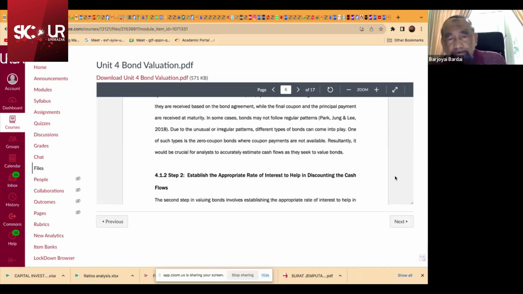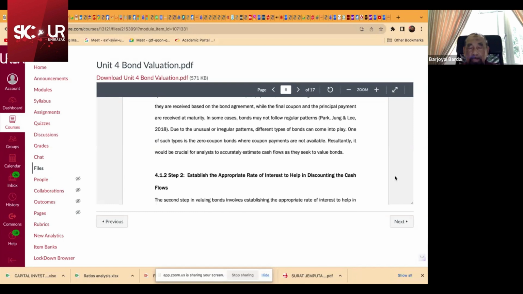We will discuss specifically the zero coupon bond, because it is also a type of bond that is accepted in Islamic finance. When you invest in such a bond, we are just buying at a discount price.